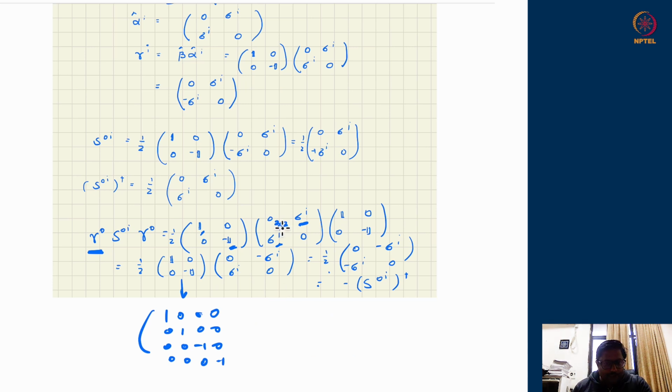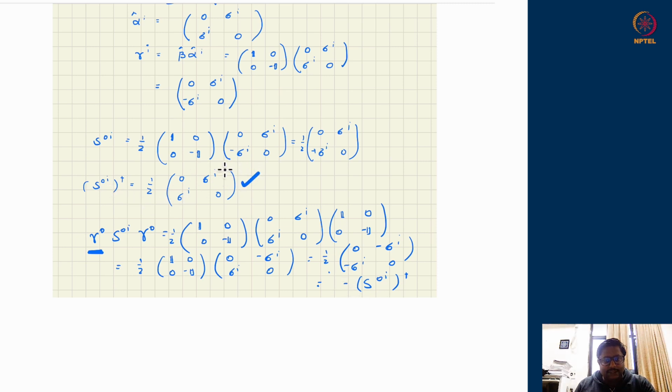If I put gamma 0 from left and right and squeeze S0I with the gamma zeros, what I will get is minus sigma I along the anti-diagonals, which is minus the dagger itself.